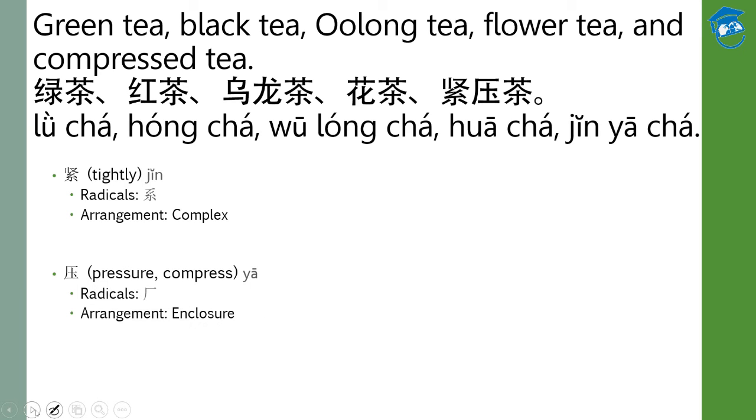Okay, the next set of word is 紧压. Okay, 紧 means tight or tightly. Okay, this is the pinyin 紧, and the radical is this one. What's at the bottom there? The arrangement is complex because you have top and bottom components, while the top components, it has left and right components.